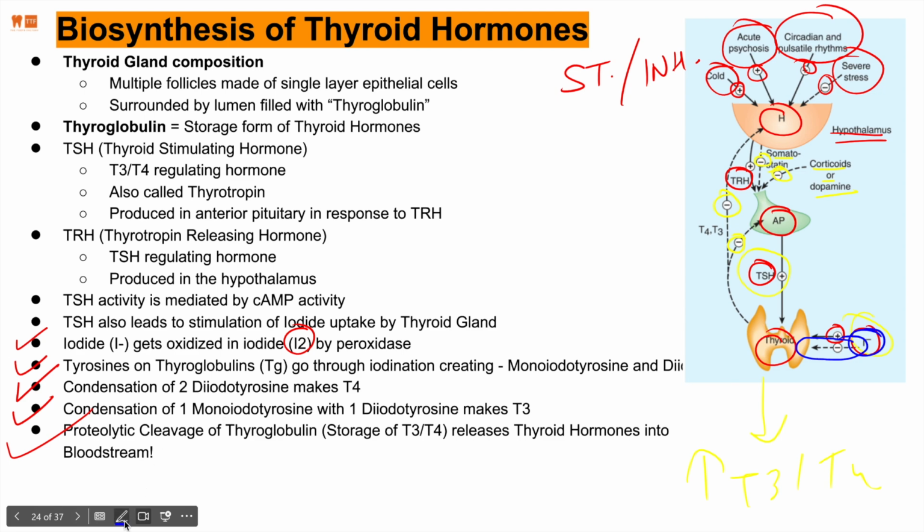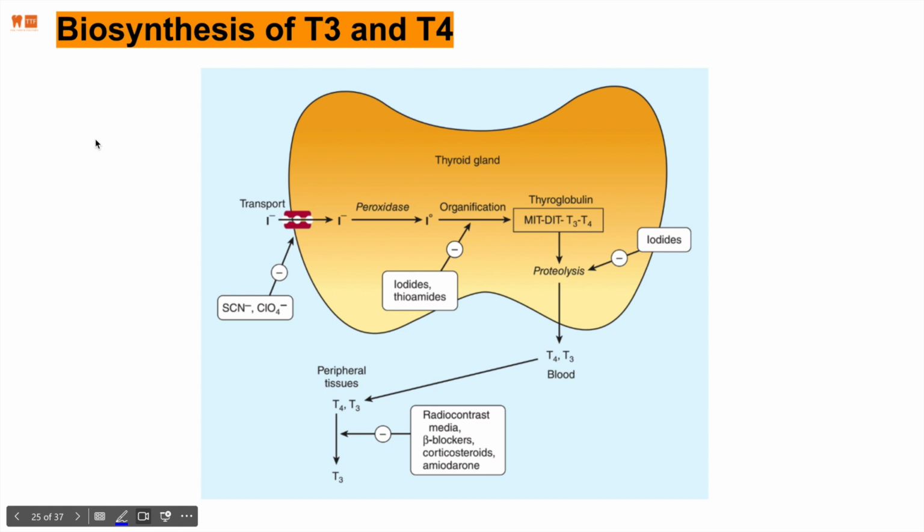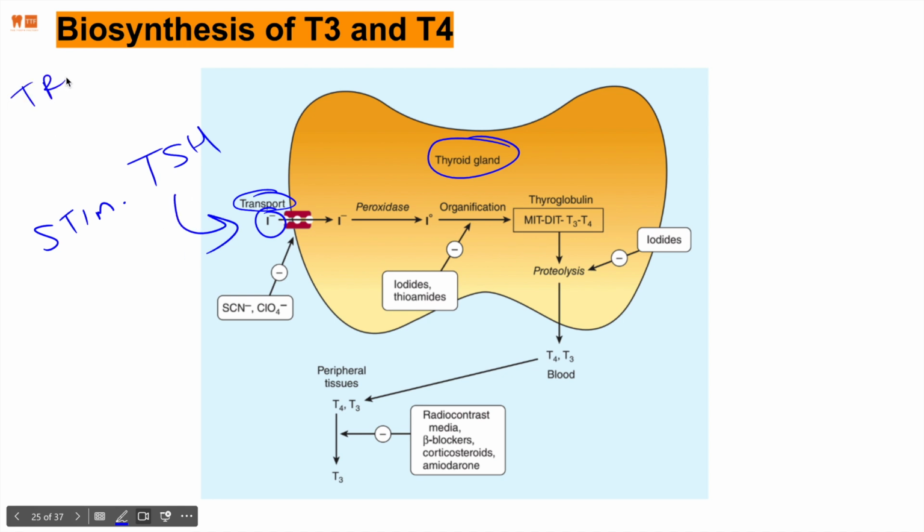Remember when we said iodide is tricky? Well, look here, it has both on the thyroid itself. So let's see how that works. This is another reference that we found where normally, because of a stimulant, transport of iodide goes into the thyroid gland. This is normally TSH. And of course, we've already had TRH, TSH into the thyroid gland, iodide peroxidase into I2.